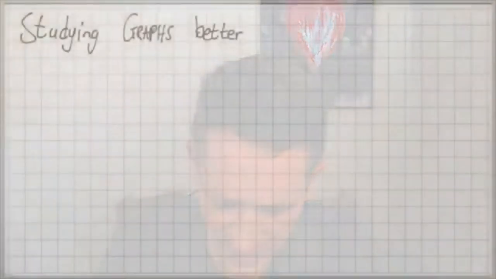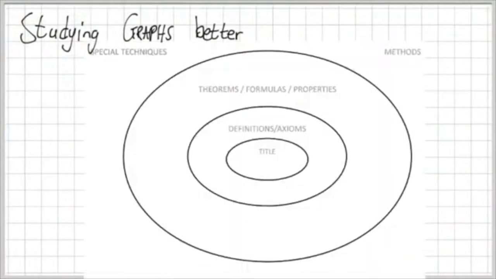But this specific way works specifically with graphs. It works perfectly. So you can have all your knowledge per graph on one page. So let's have a look at what I did. Now, my summary page that I developed looks like this.